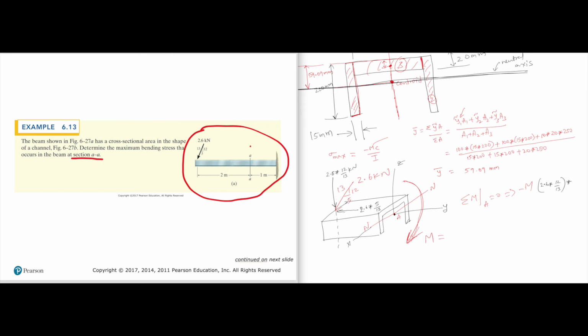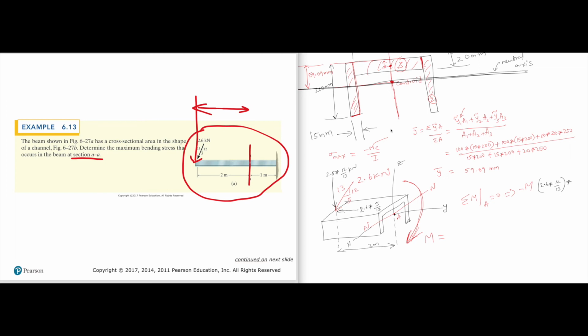At AA. Now, this is A. 2.6 times 12 over 13 is this force. What is the distance between this and that? Isn't it 2? That means, isn't this distance 2 meters?